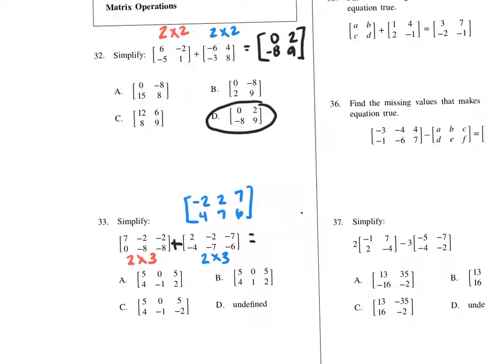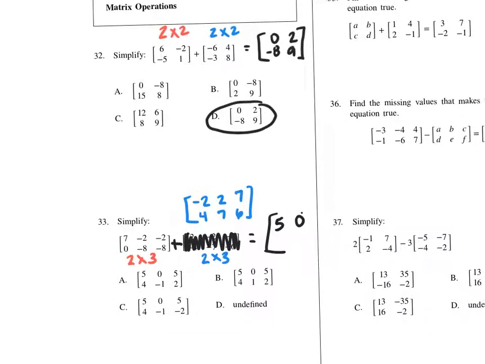And now we just add elements again. So we get 7 minus 2, negative 2 plus 2, negative 2 plus negative 7, 0 plus 4. I'm sorry, I messed that up. I was looking at the wrong matrix. Let's come back and do this again.